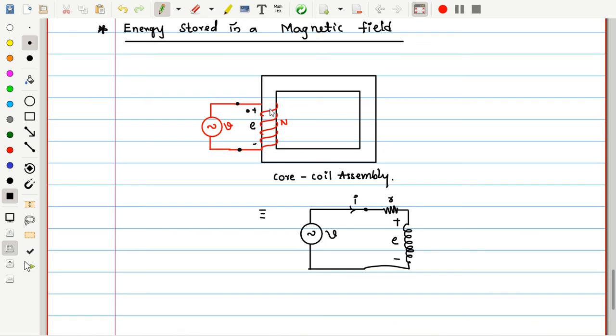This winding may have small resistance throughout its length, so that entire resistance I just lumped over here, and the remaining is the ideal portion, which does not have any resistance.